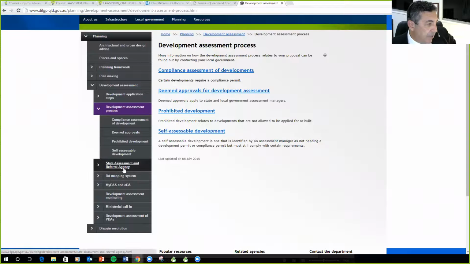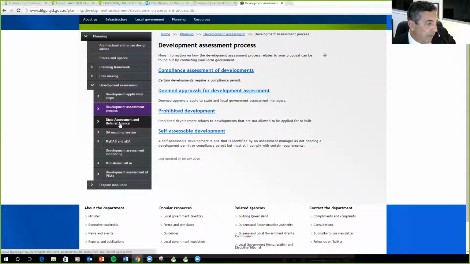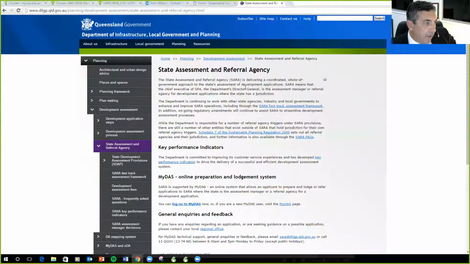Have a look at this one, the State Assessment and Referral Agency, which is SARA. You'll see that acronym SARA quite a lot, S-A-R-A, and there it is there. So this is where the assessment which involves state matters is determined through that SARA process, the State Assessment and Referral Agency.